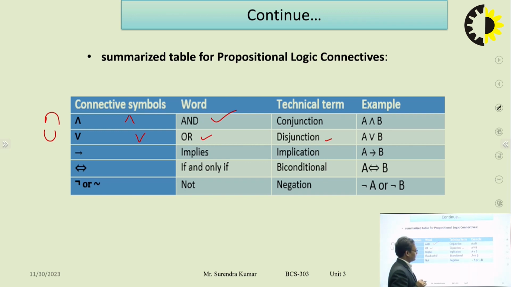You can have it in different books also. Now implication is represented with the help of single directional arrow, biconditional is double directional arrow. Sorry, I am talking about array. This is arrow. So examples are A and B, A or B, A implies B, A double implies B, and this is for negation, not. So negation A, negation B, right? So these 5 connectives are used to represent your proposition, compound statements, compound propositions.